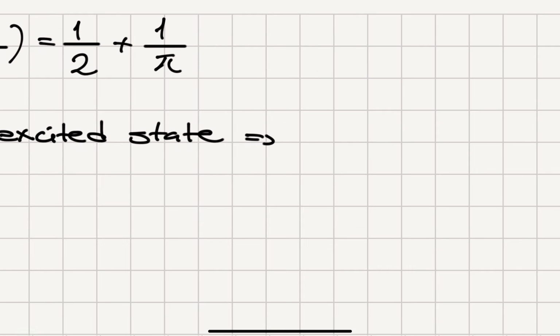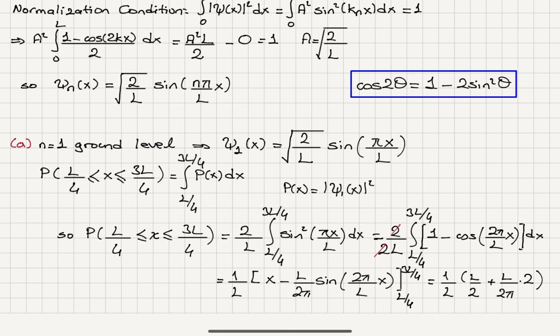So my final answer to part A is the probability that x is between L over 4 and 3L over 4, this number 1 over 2 plus 1 over pi, which gives us 0.818 as the final answer. Okay, so here I had 1 over 2 plus 1 over pi, as you can see.